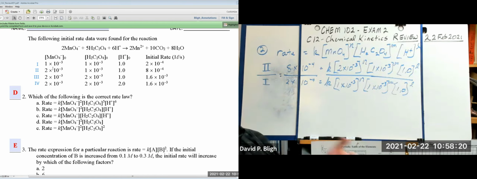O3 and O. All right. So now we're going to use this one. All right. So what does a fast equilibrium mean?